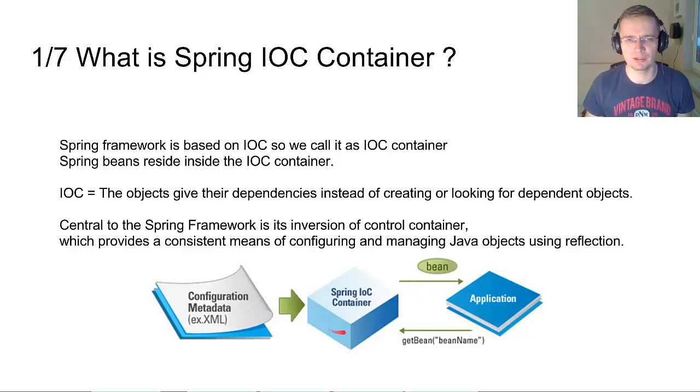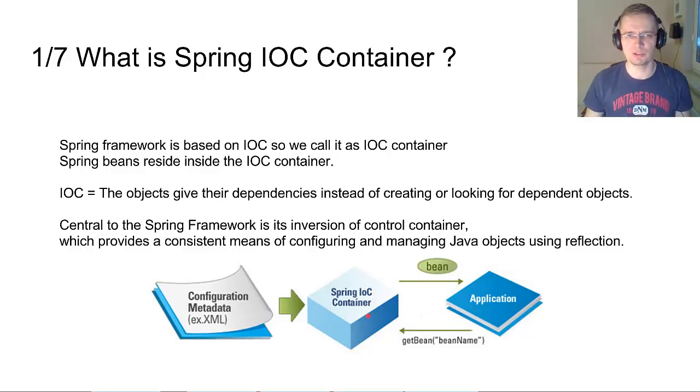So the Spring container, based on the configuration that you give it, instantiates the beans, and the application classes don't have to look for the classes that they depend on, but they give their dependencies to the Spring IOC container, which provides them these beans.